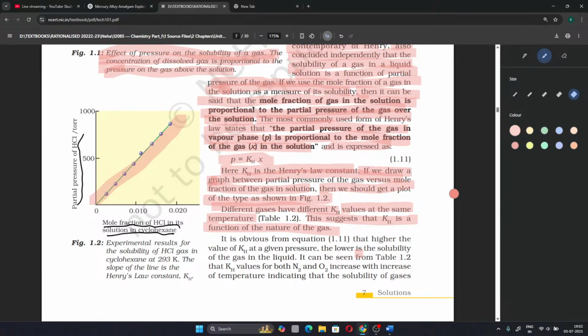This graph is the experimental result of the solubility of HCl in cyclohexane, C6H12, at 293 Kelvin. The slope of the line is the Henry's law constant KH.